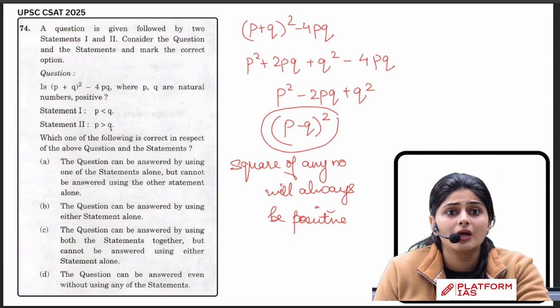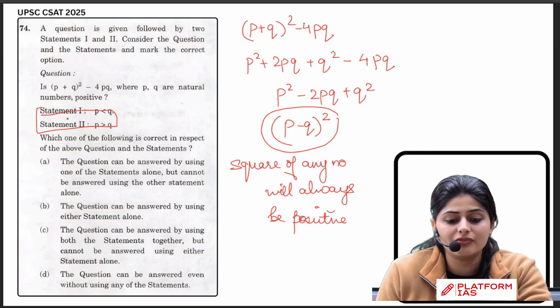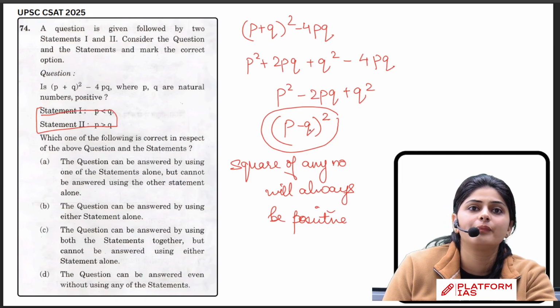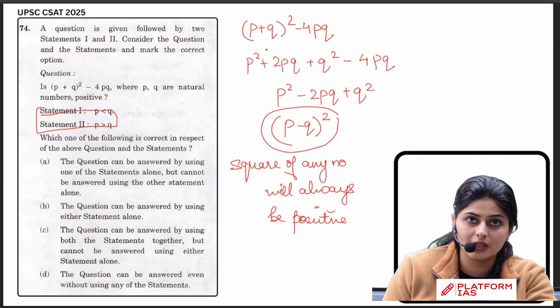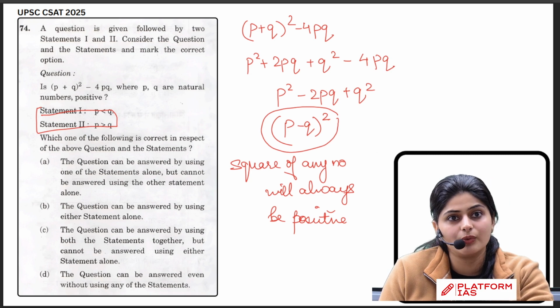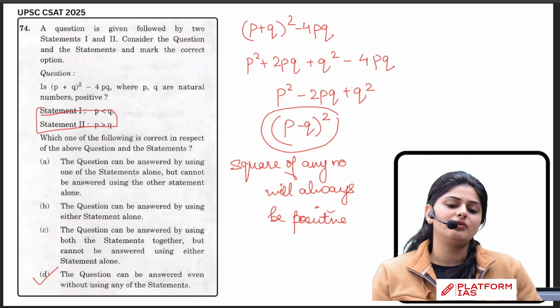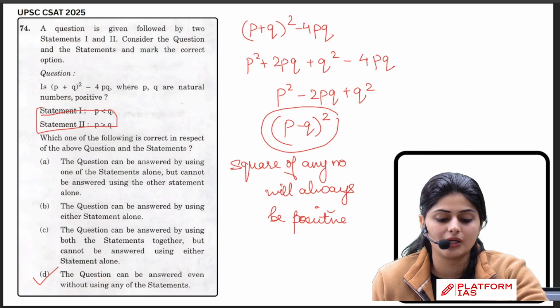So without using any of the statements, again we have found out that the expression given in the question is positive. So the question can be answered even without using any of the statements. Your answer will be option number D.